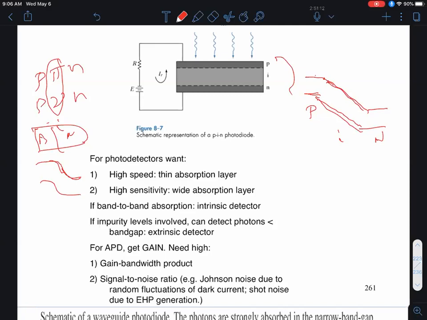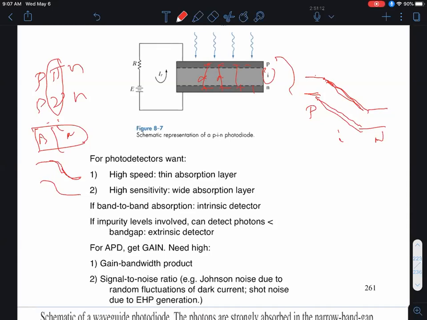Why? Well, if I have doping over here, I have negative charges in the acceptor ions that are exposed and positive donor ions that are exposed. And then you'll have field lines extending from the pluses to the minuses. And there are no dopant charges in the I region. Therefore the field is going to be constant within the I region, meaning that the slope of the band edge is going to be constant.